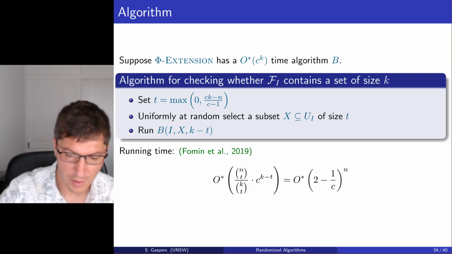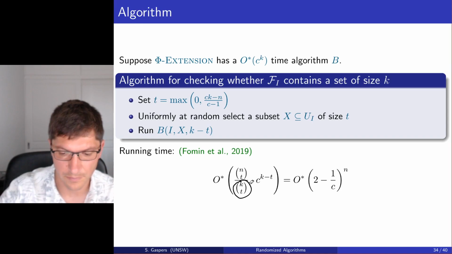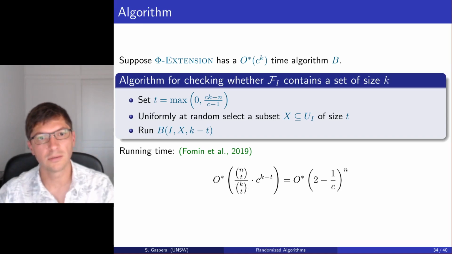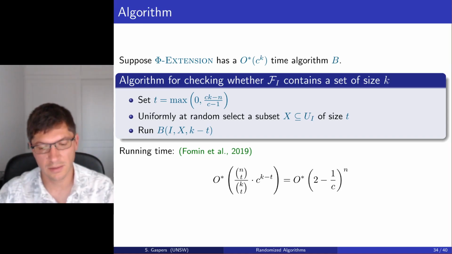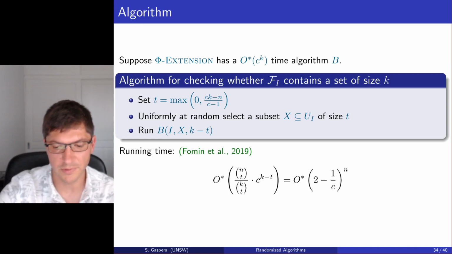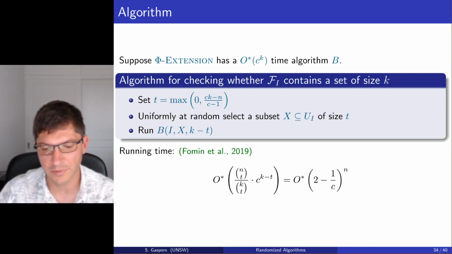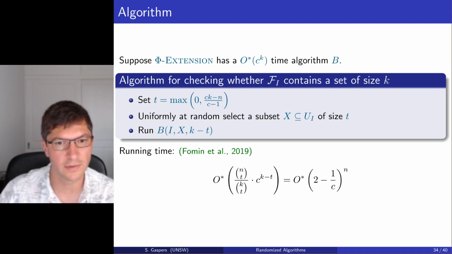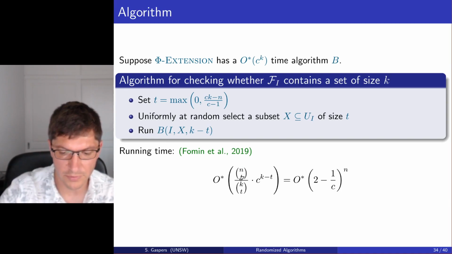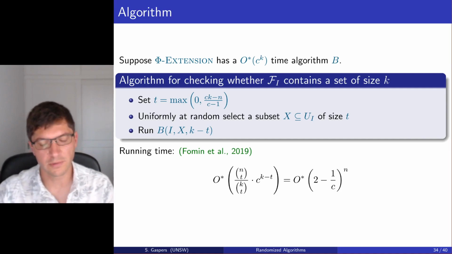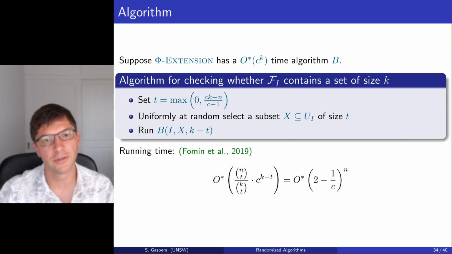So the number of valid choices is at least k choose t. The total number of choices is n choose t, because we select any subset of size t among a universe of size n. So the success probability is k choose t divided by n choose t.